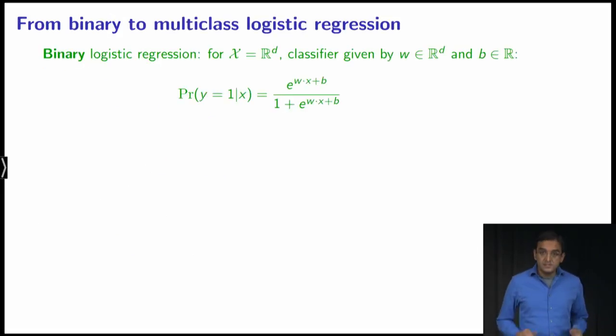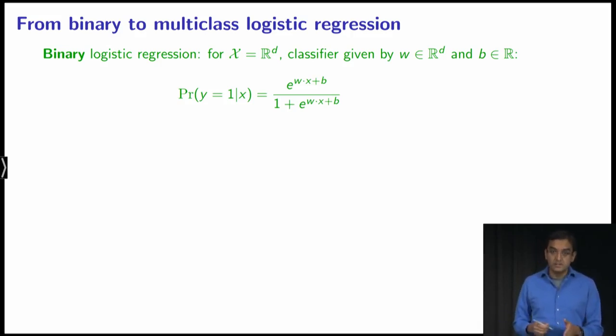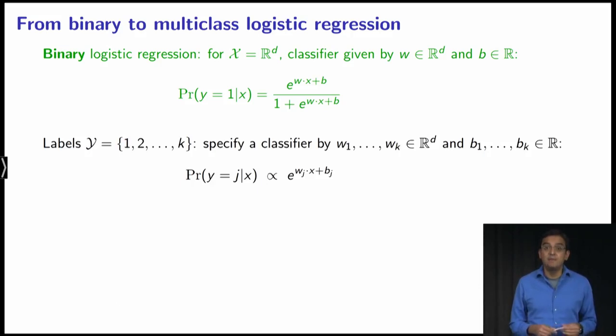Let's see how this works out for logistic regression. For binary logistic regression, which is the case we studied before, if you remember, we just had one linear function, w dot x plus b, and for any given point x, the probability that y equals 1 was given by this formula over here. Now let's move to the case where we have k possible labels, 1 through k. We'll now have a linear function for each label: for label 1, w1, b1; for label 2, w2, b2; for label k, wk, bk.